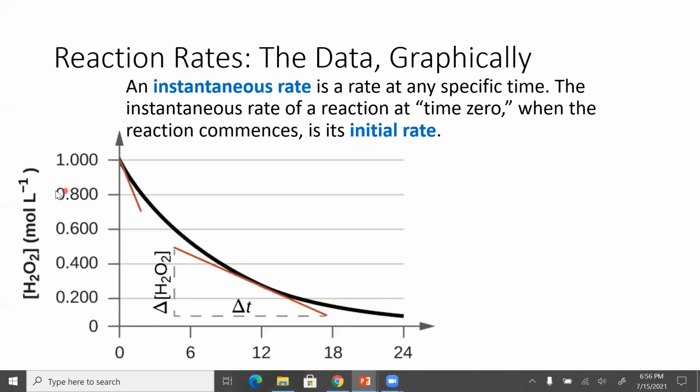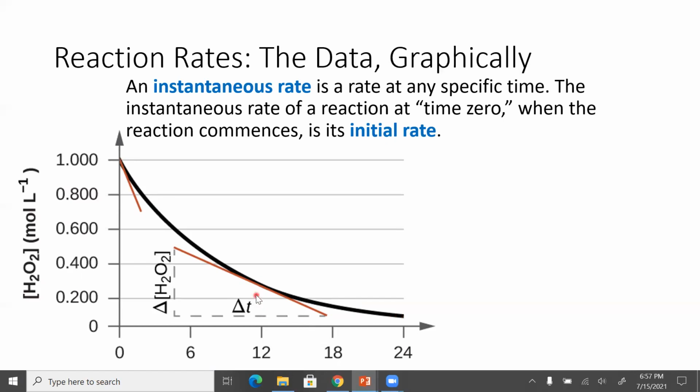So if we wanted to graph the change in the concentration of the hydrogen peroxide over time, we would see that as time progresses, the concentration of hydrogen peroxide goes down. And that makes sense because the hydrogen peroxide is reacting.